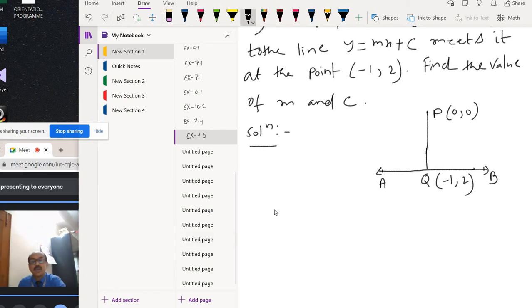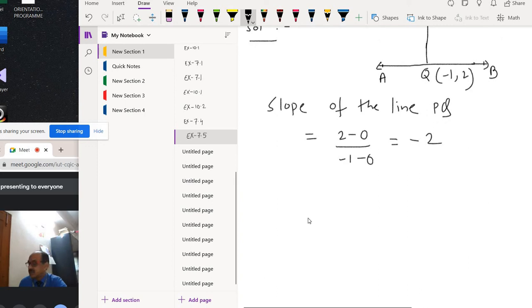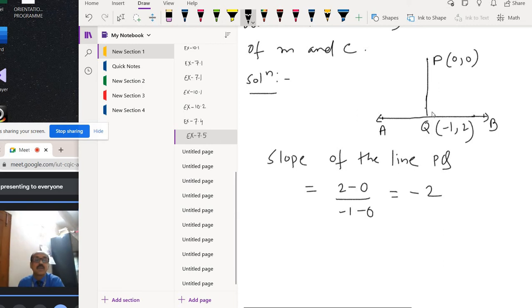So find the slope of the line PQ. Slope of the line PQ equal to 0 minus 2 by 0 plus 1, that means 2 minus 0 by minus 1 minus 0. So it will be minus 2. Now another slope we can find by the formula m1 into m2 is equal to minus 1, because these two are perpendicular.